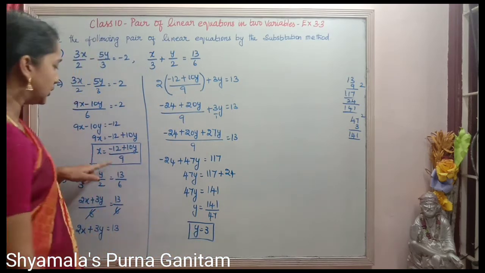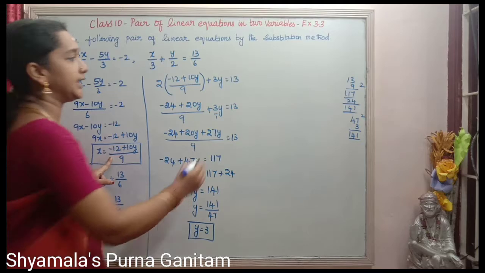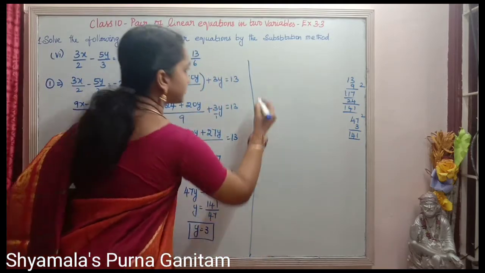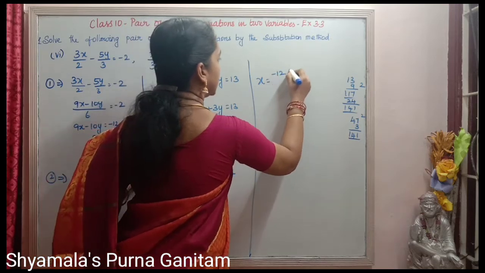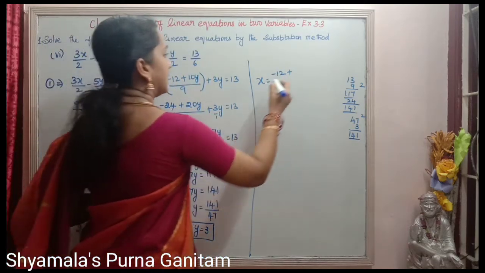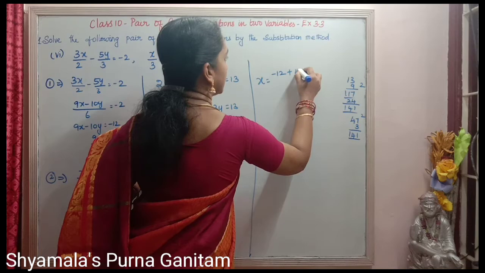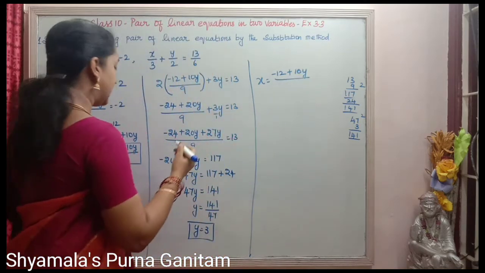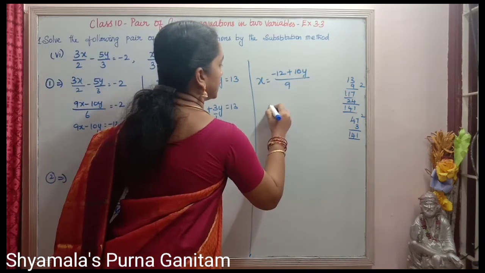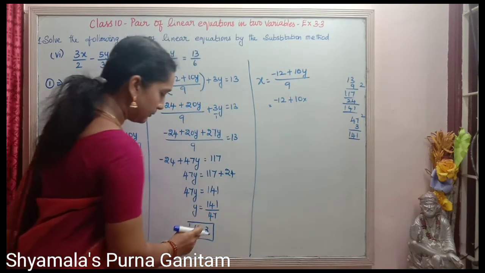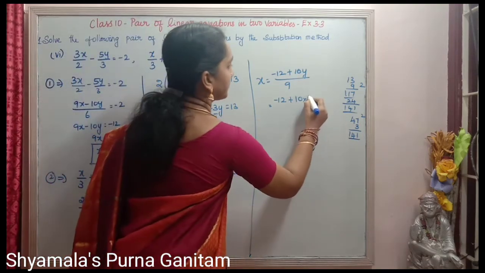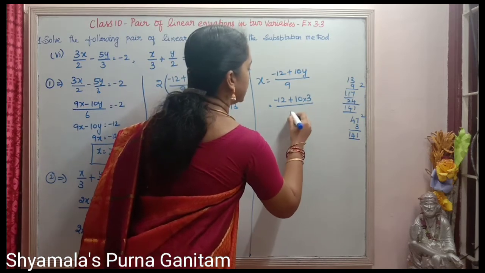So this y value I will substitute here in this x. So x is equal to minus 12 plus 10y by 9. So this is equal to minus 12 plus 10 into, my y value is 3 here, 3 by 9.